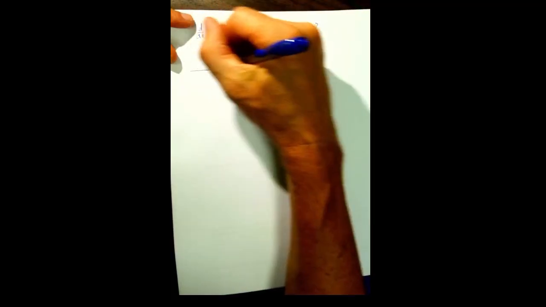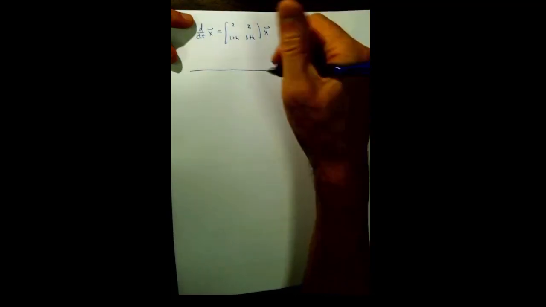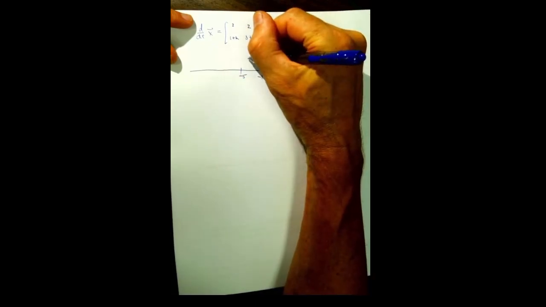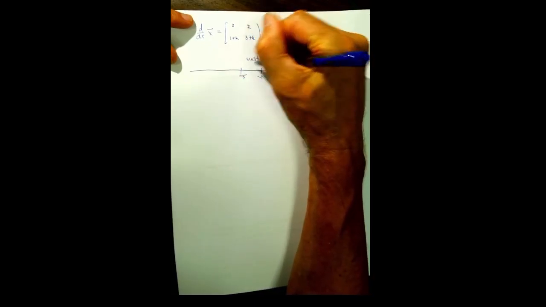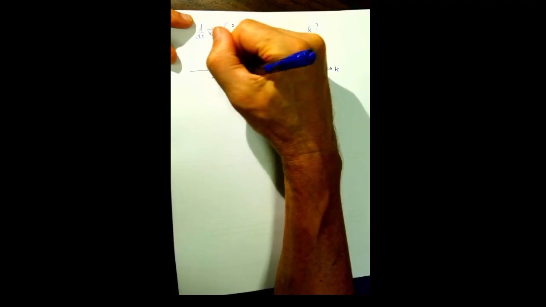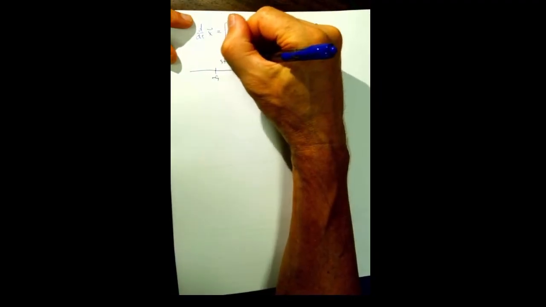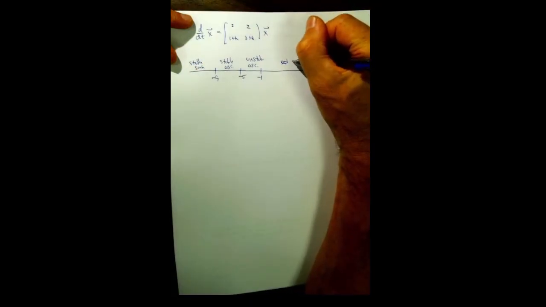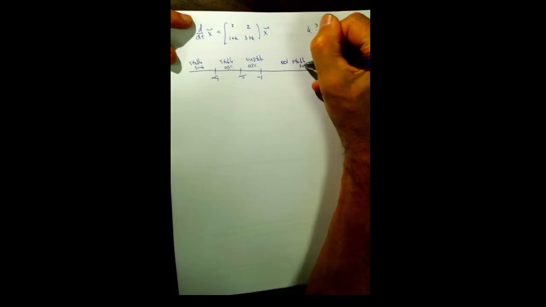And we found that there's 4 cases. From minus 1 to minus 5, it's unstable. It oscillates. From minus 9 to minus 5, it's stable. Oscillates. Out here, it's going to be a stable sink. And out here, it's going to be a source.